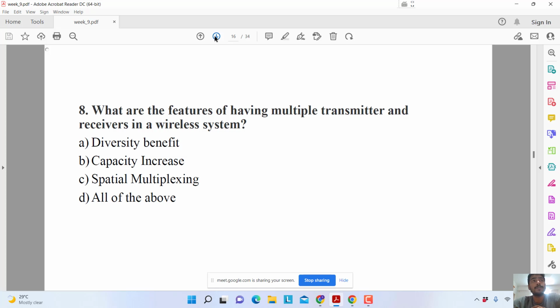The next question is: what are the features of having multiple transmitters and receivers in a wireless system? There are a few techniques given.